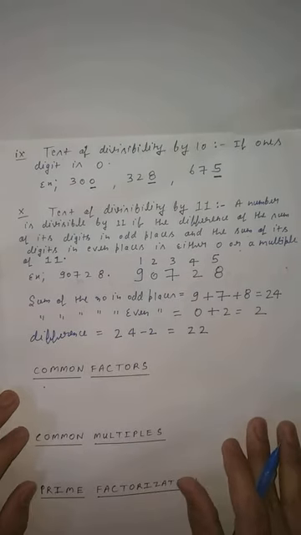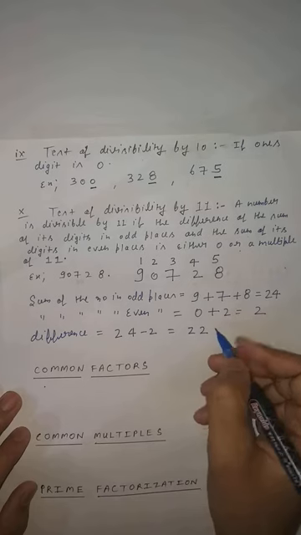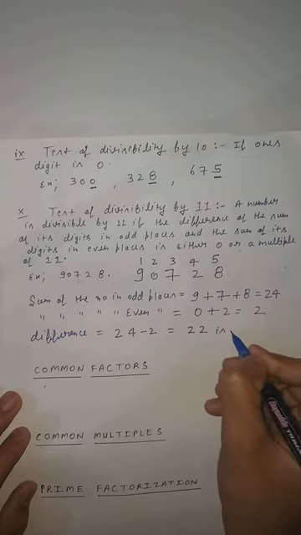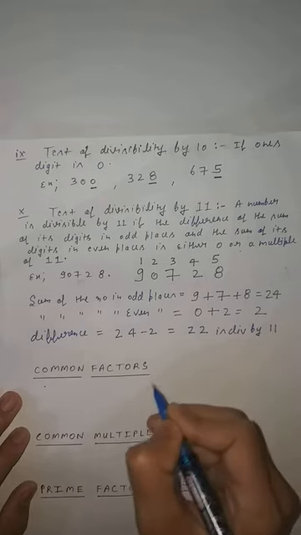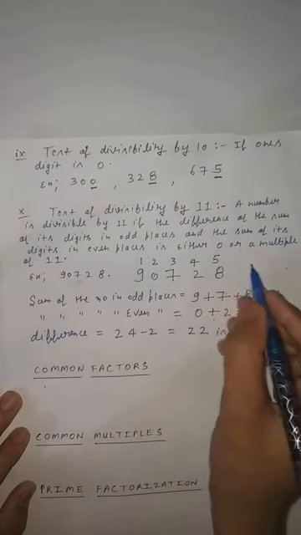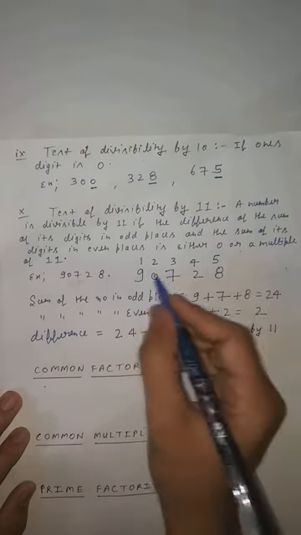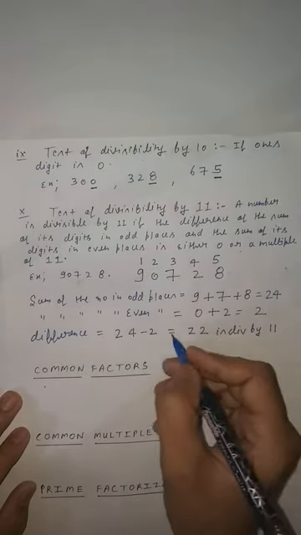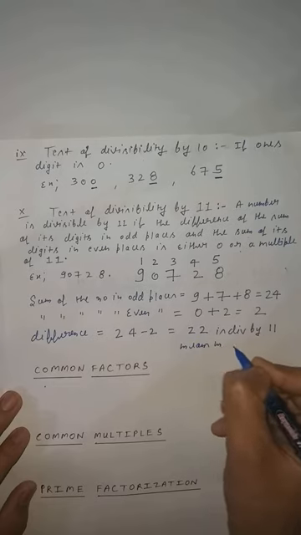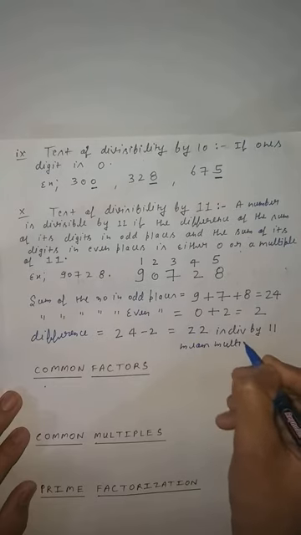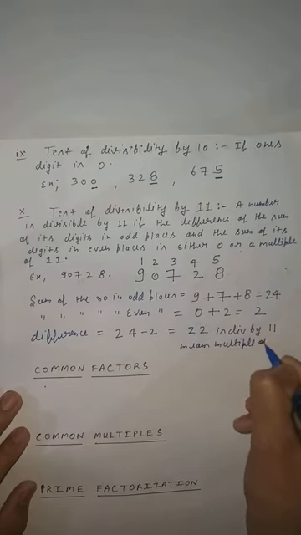Clearly you can say that 22 is divisible by 11. Clear students? And what is given? Either 0 or a multiple of 11. So this is divisible by 11, meaning a multiple of 11.